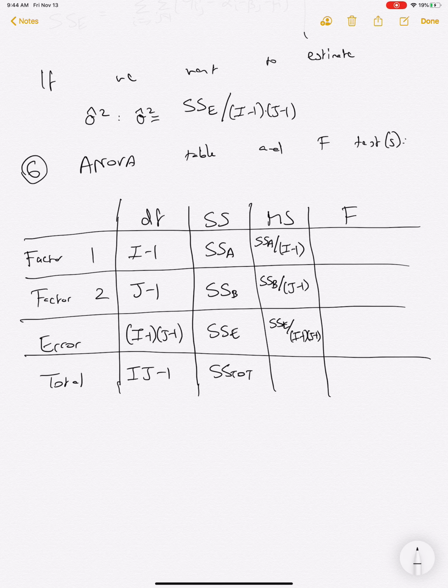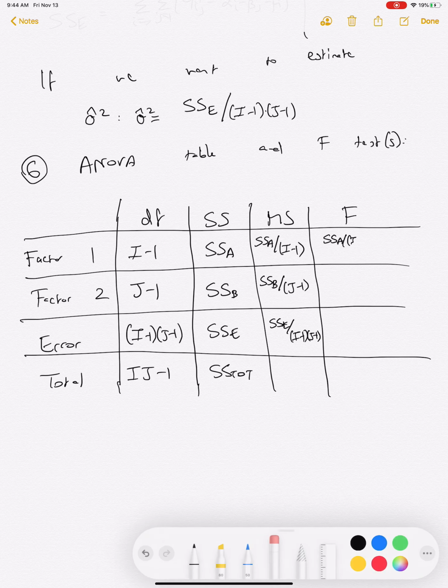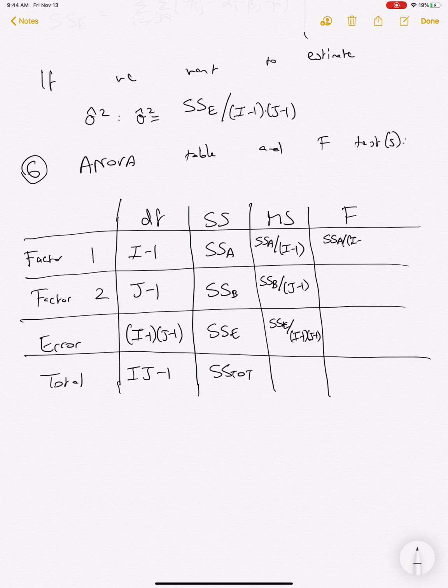So in this case, you're going to look at SSA over I minus 1, and then like we did for the one way, you're going to divide that by SSE divided by (I minus 1)(J minus 1). And similarly for the F for B, you're going to have SSB divided by J minus 1, and then we're going to divide that by the error.